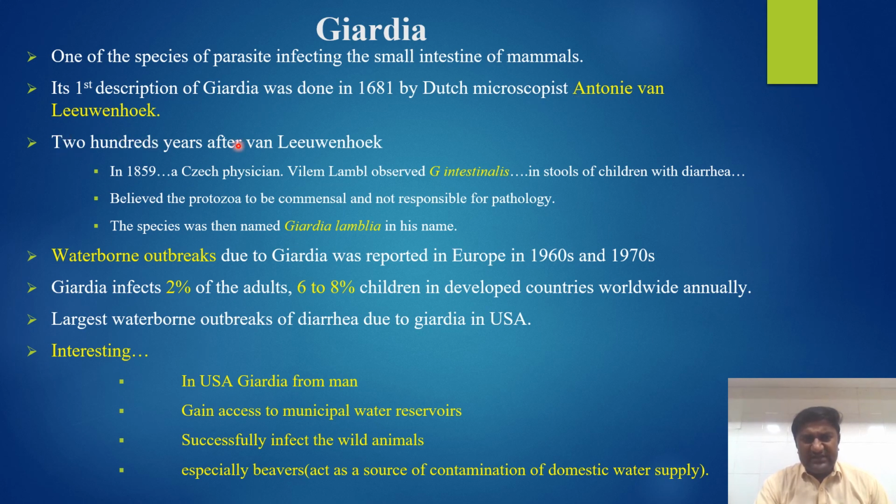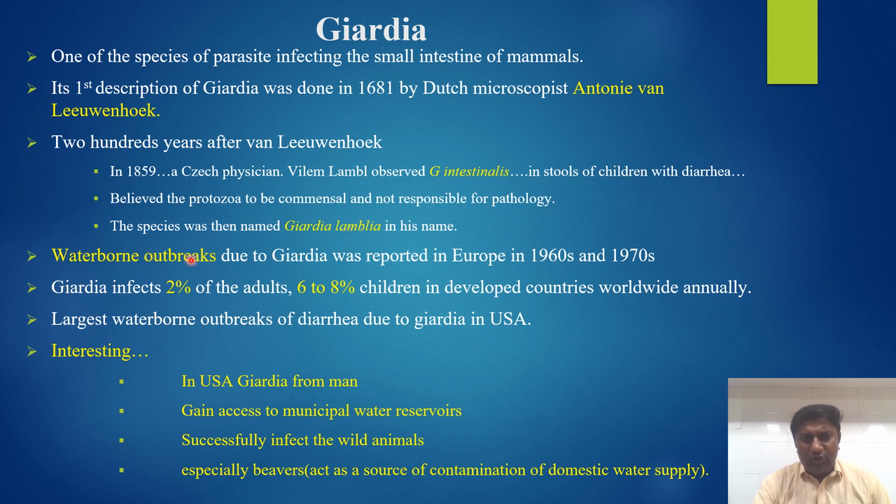Two hundred years after Van Leeuwenhoek, in 1859, a physician, Willem Lambl, observed Giardia intestinalis in the stools of children with diarrhea, and believed the protozoa to be a commensal and not responsible for pathology. The species was then named Giardia lamblia in his name.